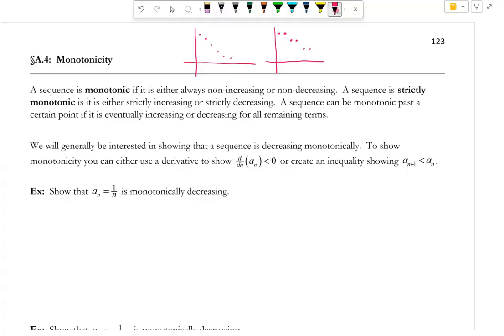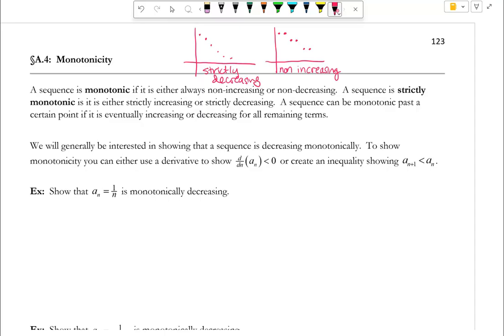So I could say that this is a non-increasing sequence, whereas it is not strictly decreasing because we had two numbers in a row that were the same, whereas the first sequence that I drew is not only non-increasing, but it looks like it is strictly decreasing.